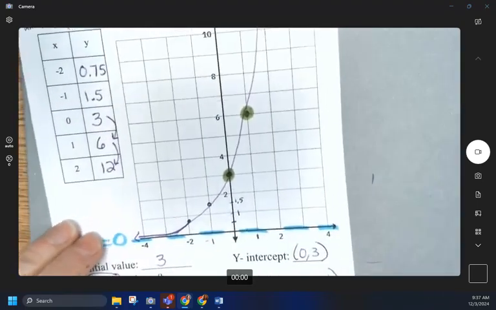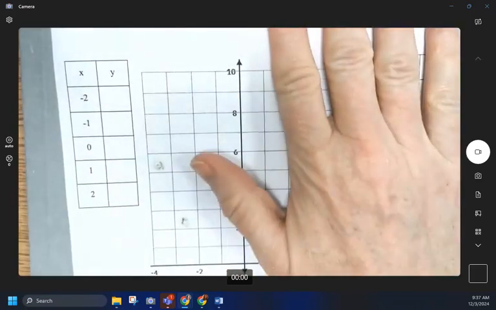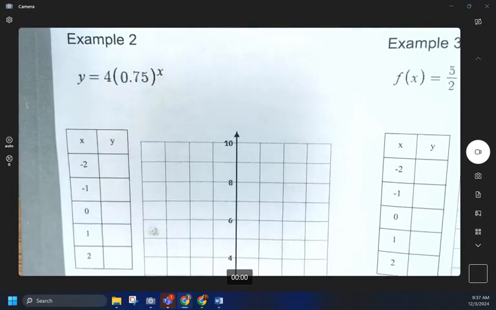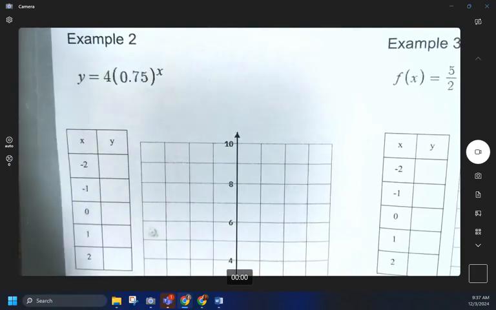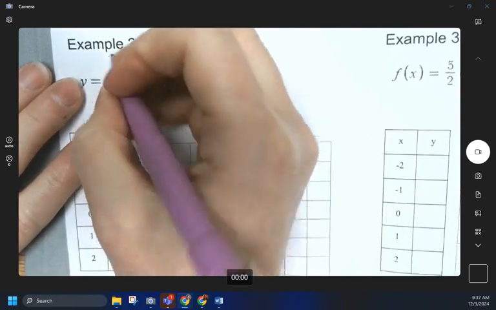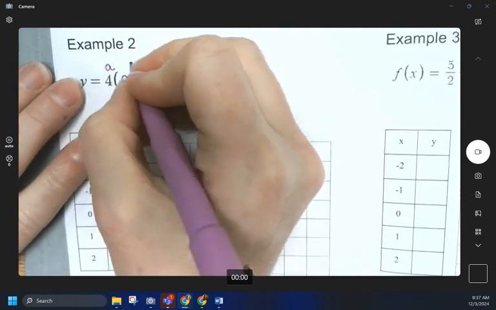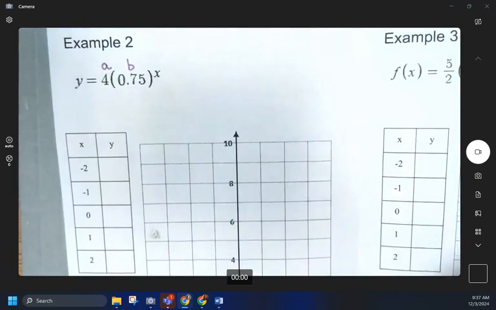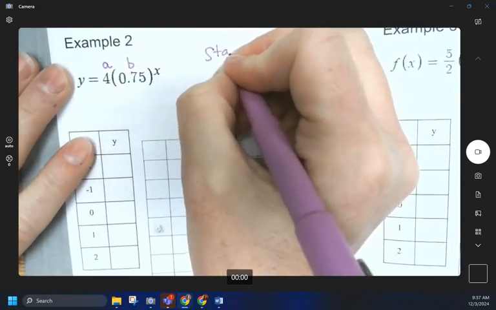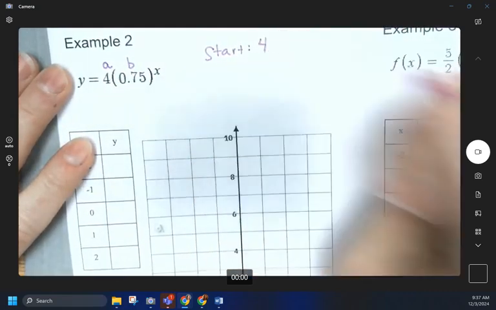Okay, let's go to the next one. Y equals 4 times 0.75x. So we're going to do a couple things by hand first before we put into Desmos. So I'm going to label A and B. Where is it going to start on our y-axis? 4. So start at 4.